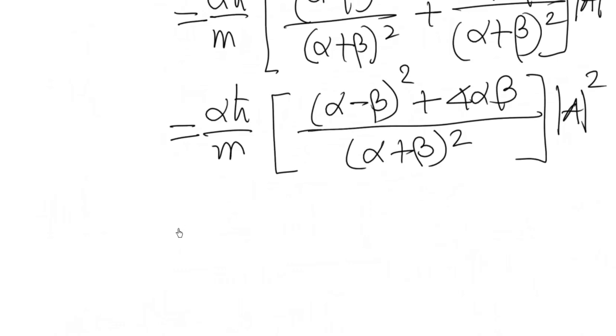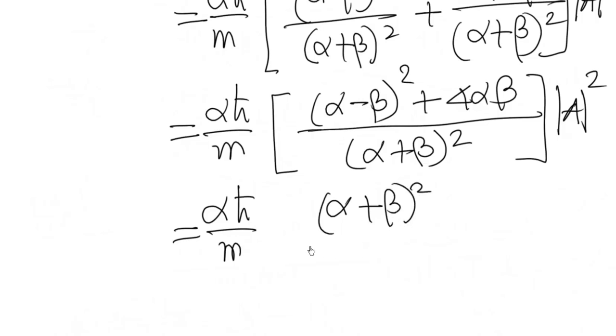This one is nothing but alpha squared by m, and this is alpha plus beta whole square, and here alpha plus beta whole square.